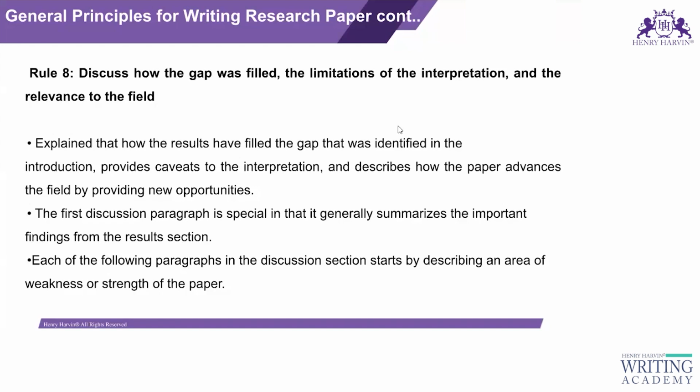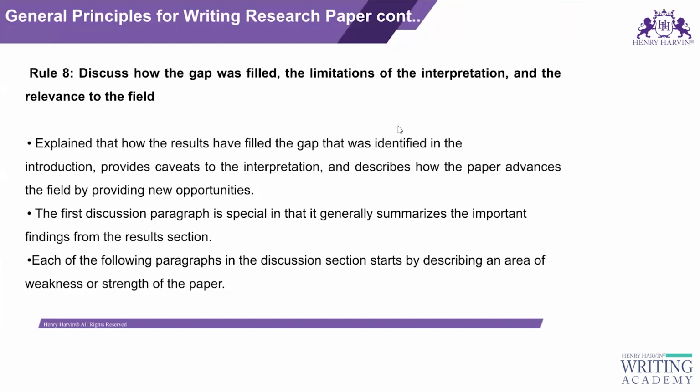So rule number 8, that is how the gap was filled, the limitations of the interpretation, and the relevance to the field. So first you have to explain how the results have filled the gap that was identified in the introduction, provide caveats to the interpretation, and describe how the paper advances the field by providing new opportunities.